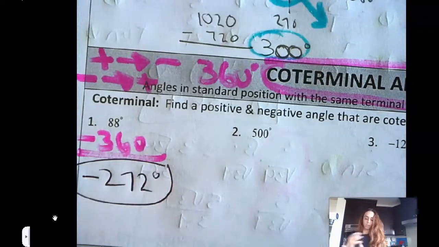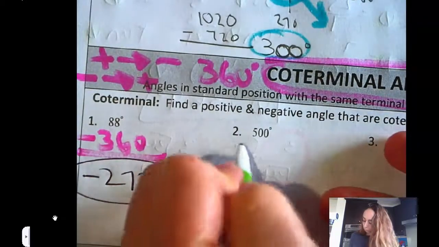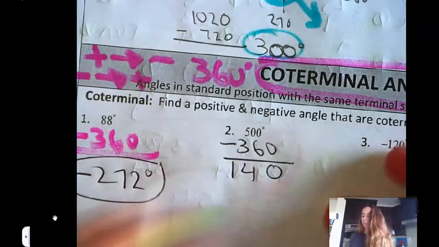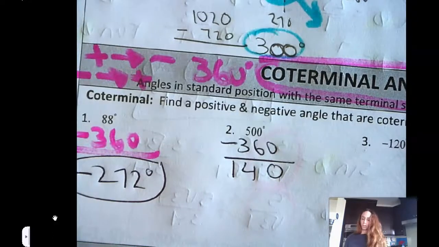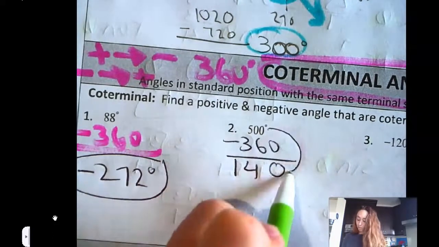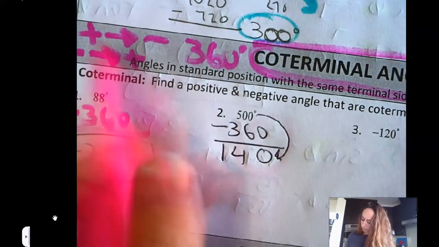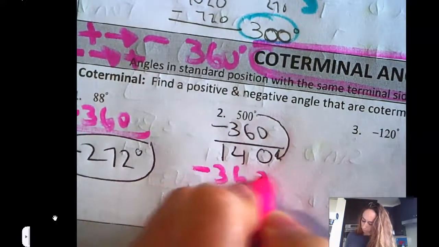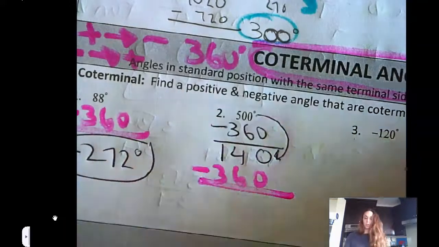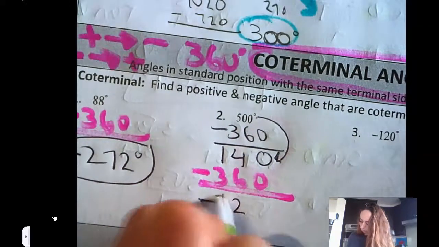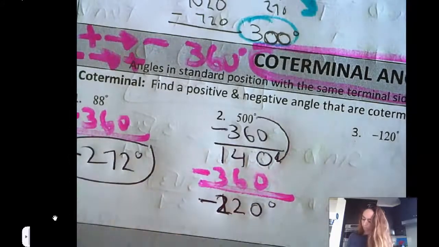Okay, this is the positive, but I want the negative. Well, so I subtract 360. Well, the problem is I still get a positive. So that is equivalent to that. But if I want the coterminal, I've got to subtract 360. And so the coterminal equivalent is negative 220. Okay?